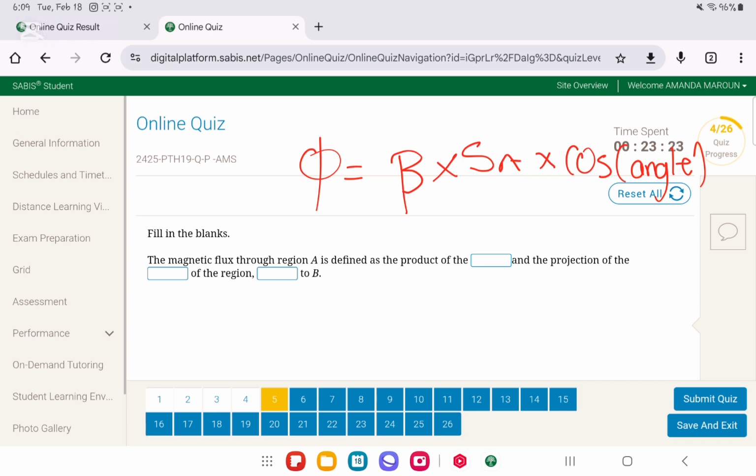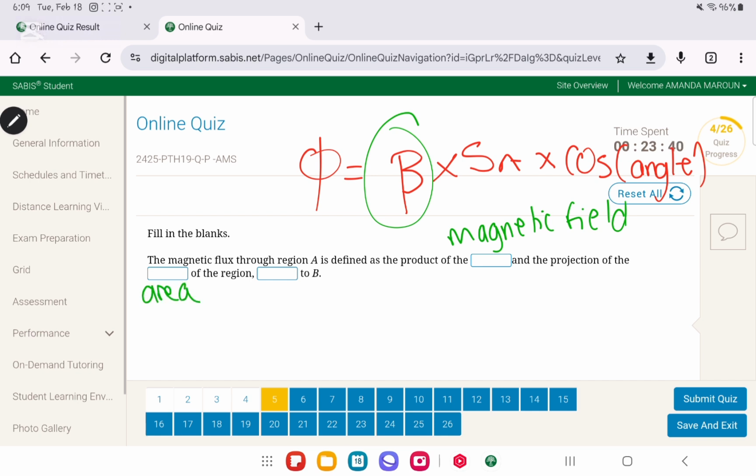Okay, so the magnetic flux through region A is defined as the product of the magnetic field, first of all, which is B, magnetic field, and the projection of the surface area, or it's preferable that you write area, not surface area, of the region.